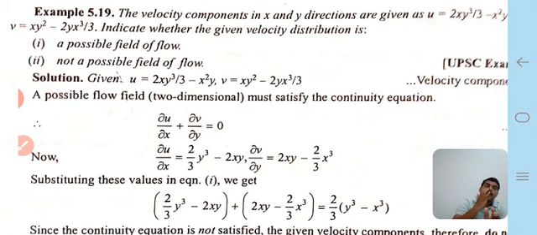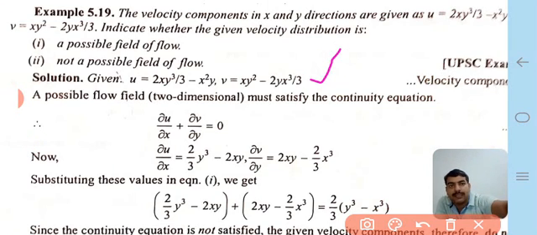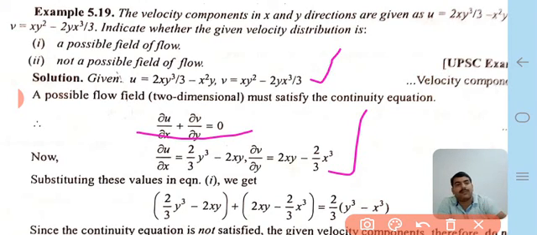Given the velocity components u and v, a possible two-dimensional flow field must satisfy the continuity equation, del u upon del x plus del v upon del y is equal to 0. Calculating del u upon del x and del v upon del y, we get 2 upon 3 y cube minus 2xy, and del v upon del y is equal to 2xy minus 2 by 3 x cube.